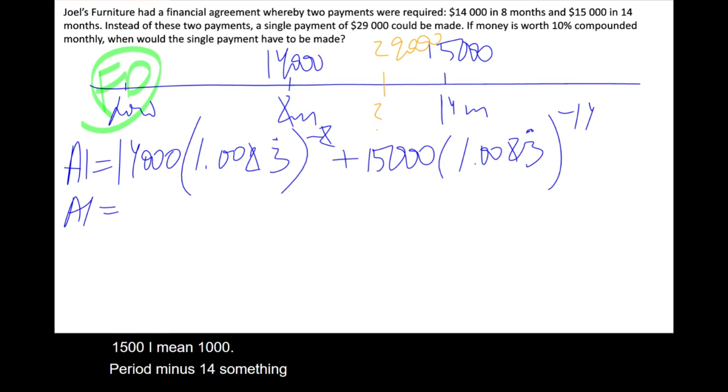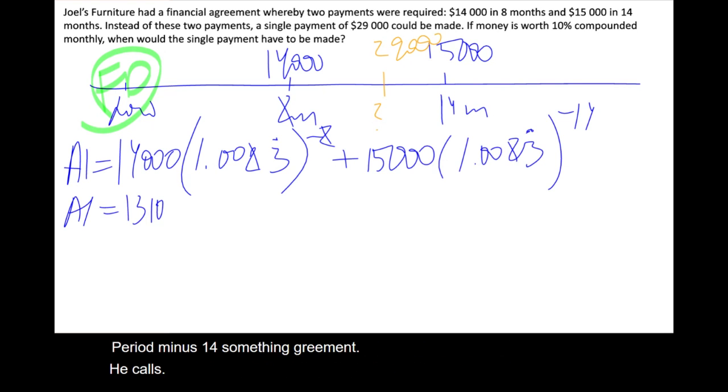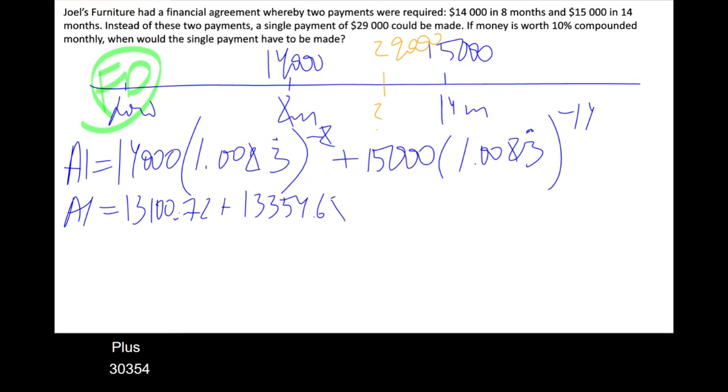So agreement 1 equals 13,172 plus 13,354.68. So together 26,455.40.